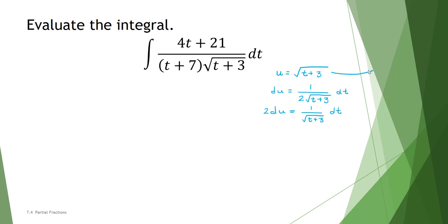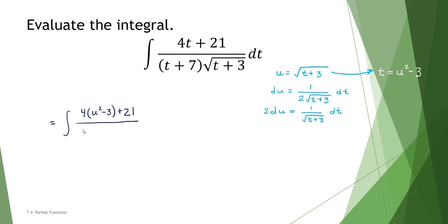We will also need to solve for t. t equals u squared minus 3. Now, performing this substitution on our original integral, on the top of our fraction, we have 4t plus 21, but we are substituting u squared minus 3 for the t.